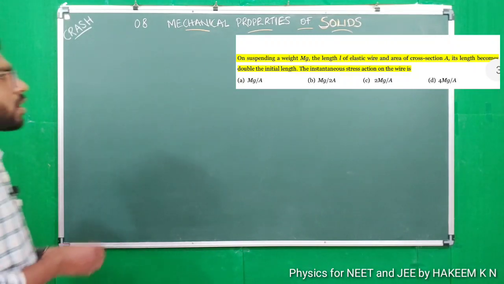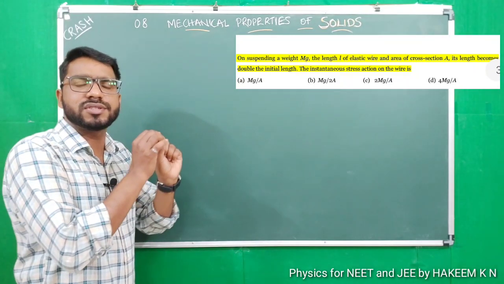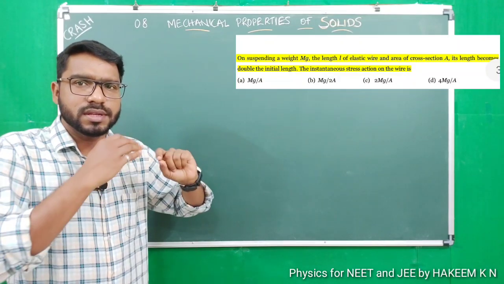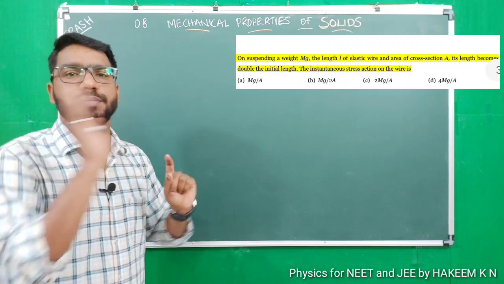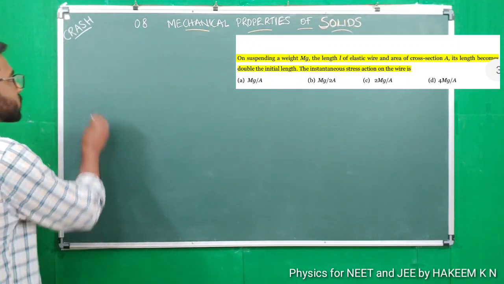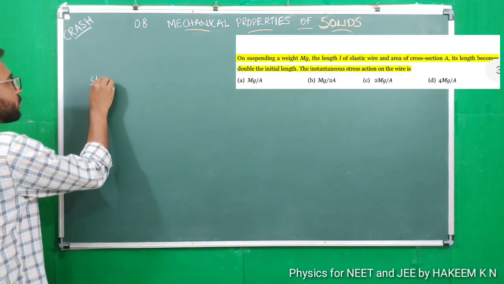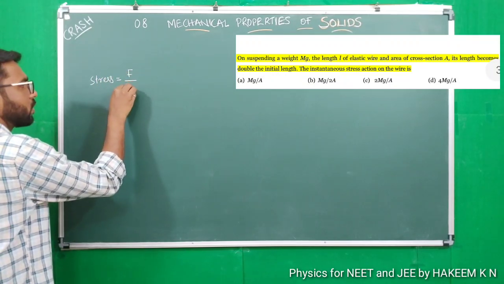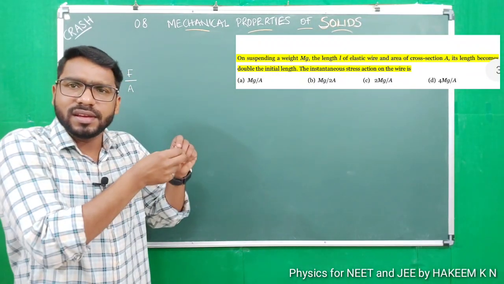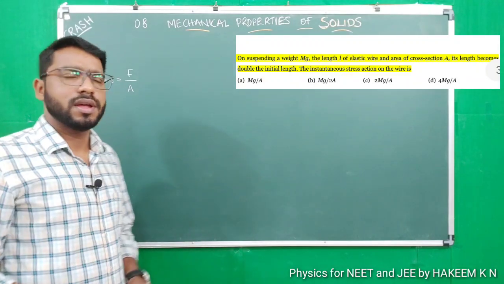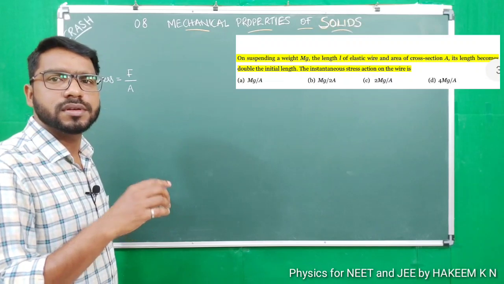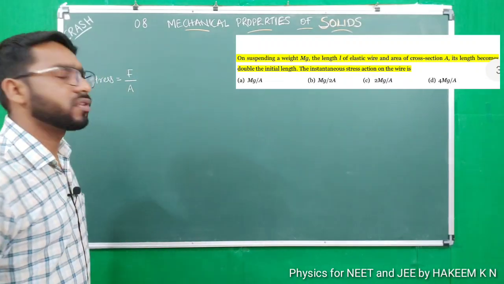Okay. We are asked to find instantaneous stress. Instantaneous stress means the stress when length is doubled. Stress, we know, is force by area, restoring force by area. But here length is doubled, right? When length is doubled, then area becomes half of the original value.